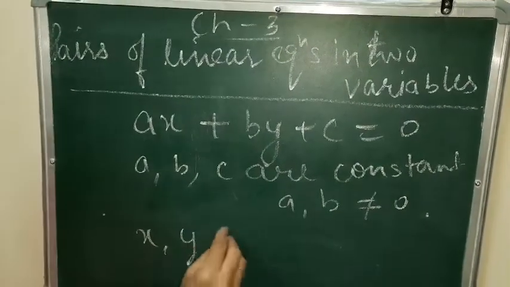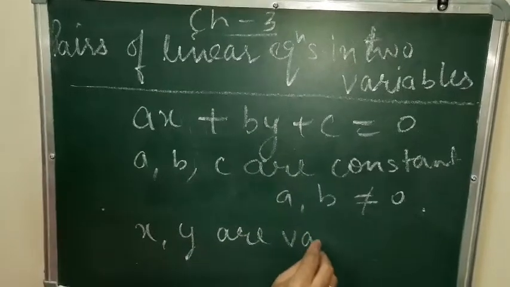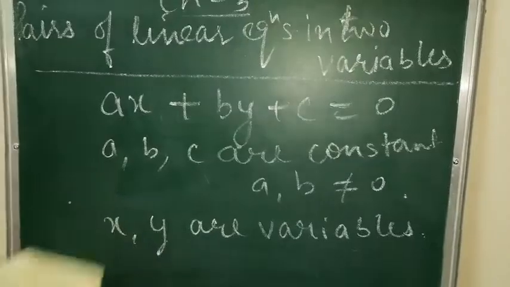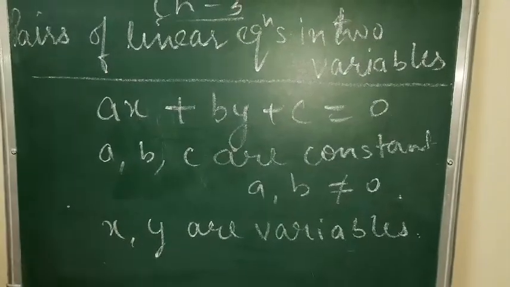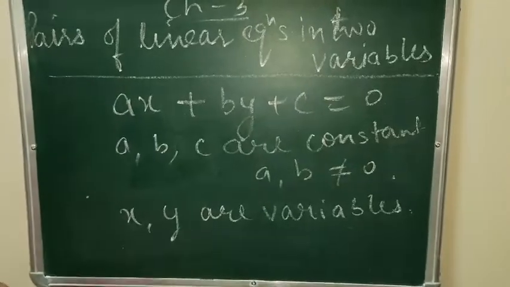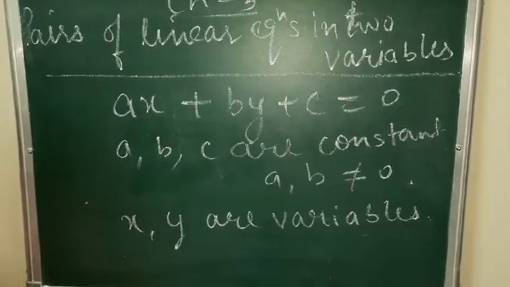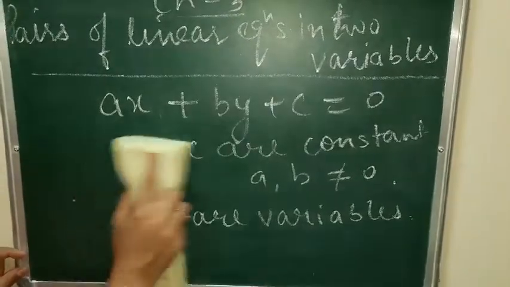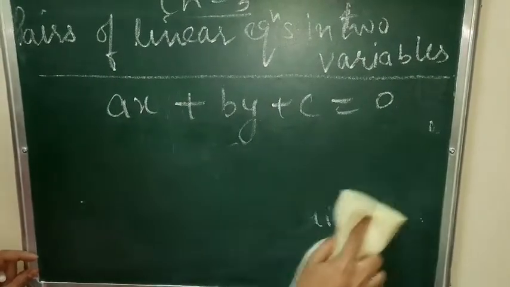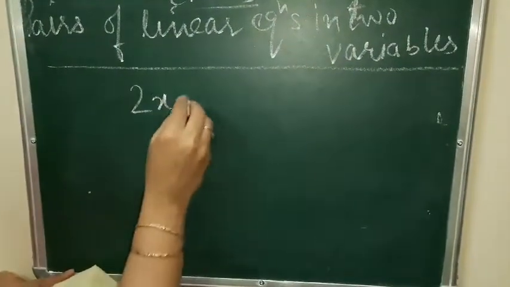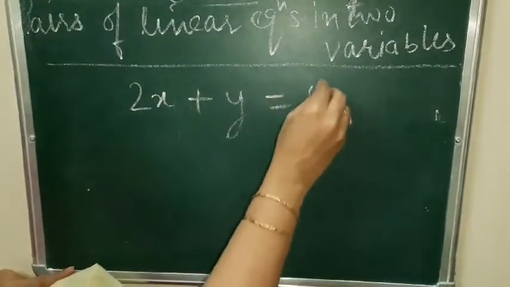X and y are variables. That means their value can change. So, we have studied this linear equation in class 9 and we have found the solution also of this linear equation. Do you remember how we were finding the solution? We were putting the value of x and getting the corresponding value of y. Suppose it is 2x plus y equal to 0.